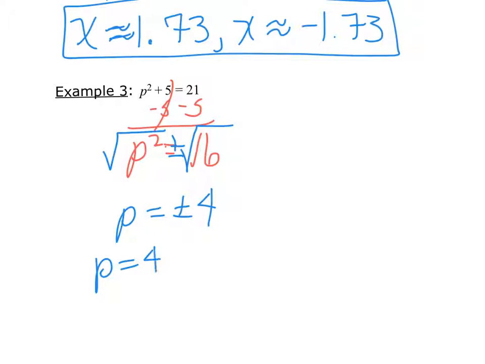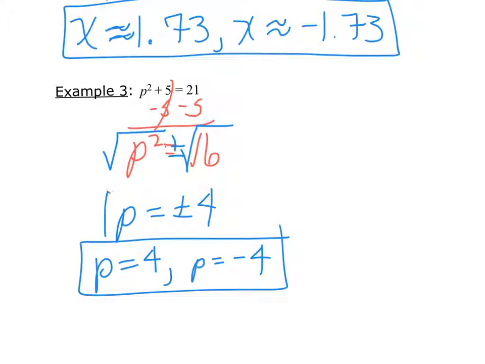So P equals 4. P equals negative 4. Then we would add 5 to both sides, right? And then we'd have to take the square root of 26 instead. Good question. Very nice.